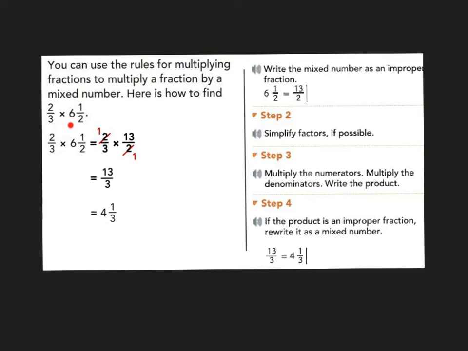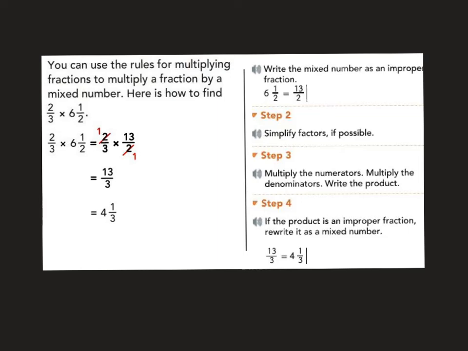First, they converted the mixed number, 6 1/2, into an improper fraction, right? How do we do that? Well, hopefully you remember, I think like a backwards arrow. I'm going to multiply the whole number by the denominator and add the numerator.